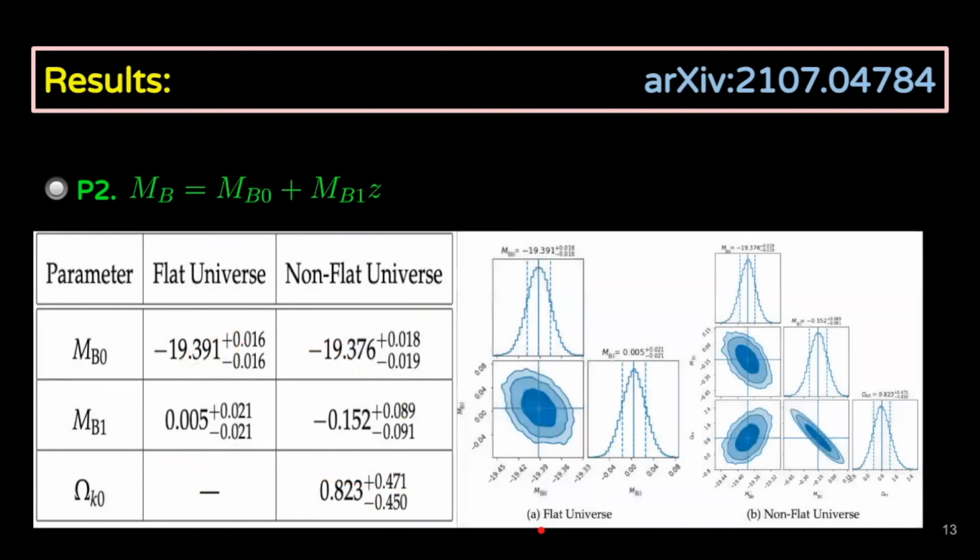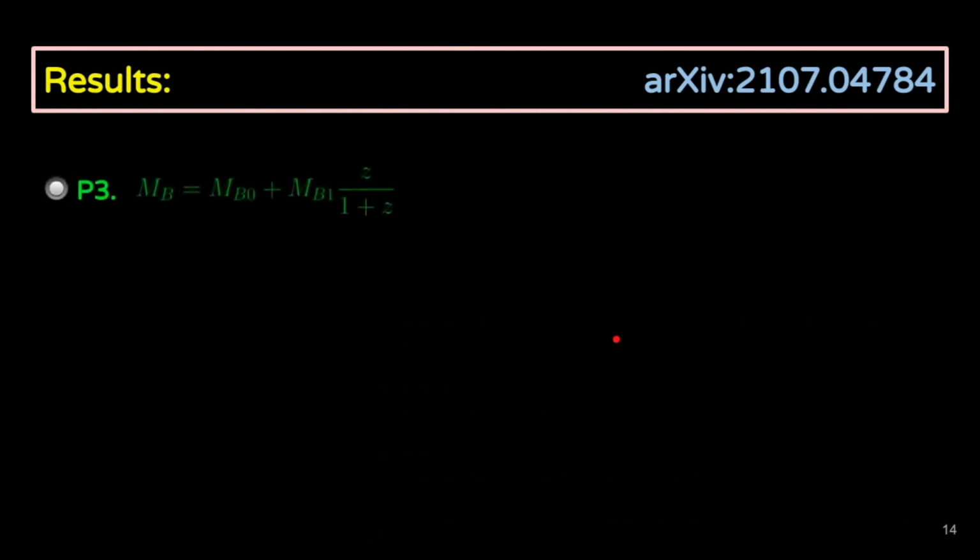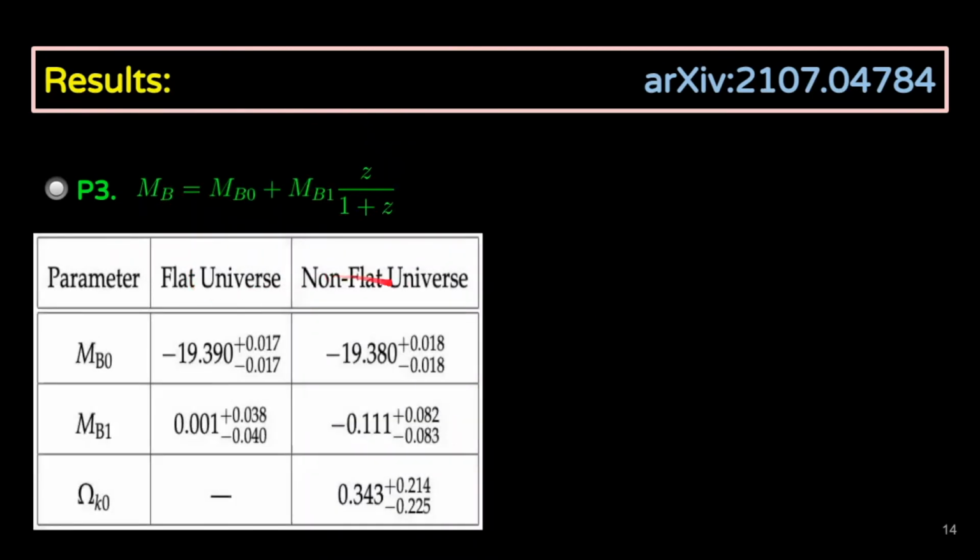Similarly, we also show the different kinds of correlation between the parameters. In the third parameterization, we consider a convergent series for M_B, and similarly in both the flat and non-flat universe, we find the best fit values of M_B and Omega_k.